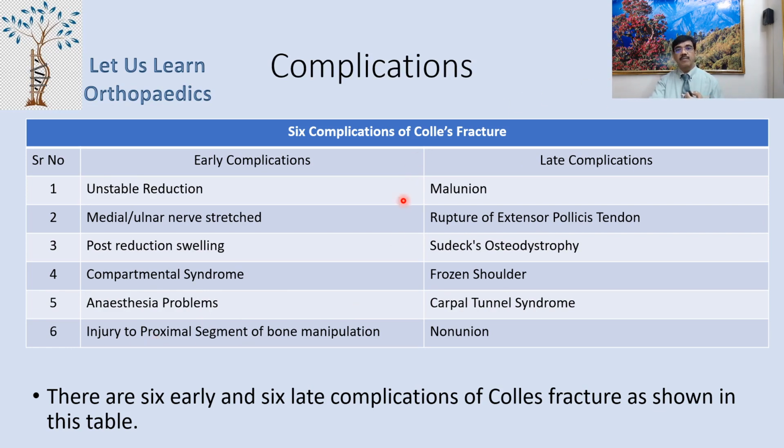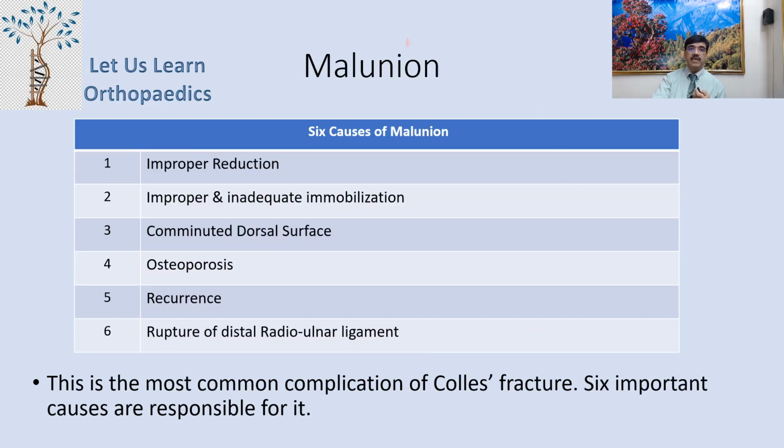Similarly, the late complications include malunion, rupture of extensor pollicis tendon, Sudeck's osteodystrophy, frozen shoulder, carpal tunnel syndrome, and non-union. Now let us see the malunion.